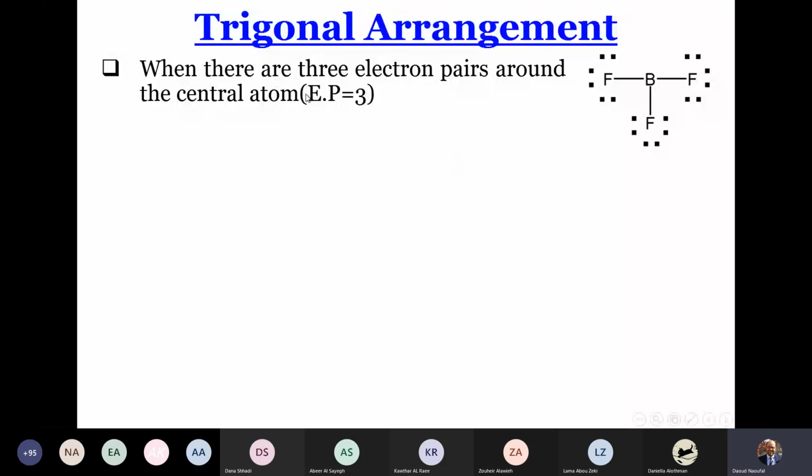When we have three electron pairs around the central atom, for example BF3, the boron has one bonding pair, another bonding pair, and a third bonding pair. So we have EP equals 3.